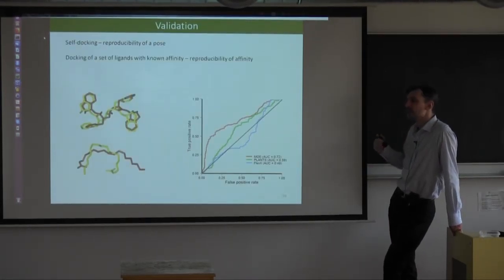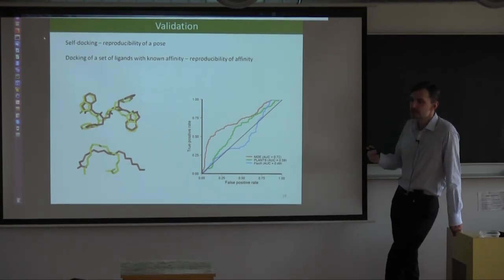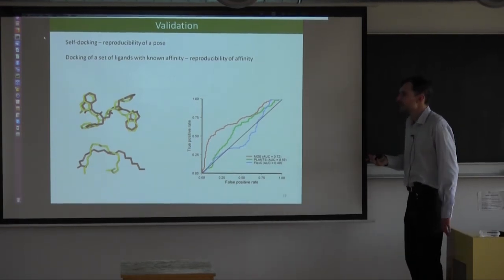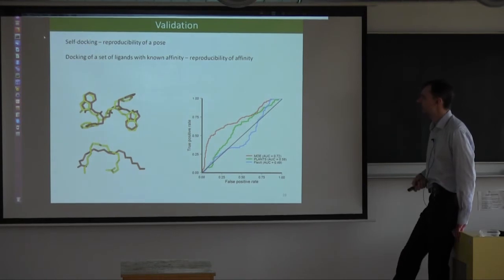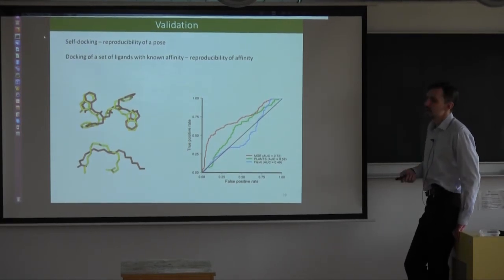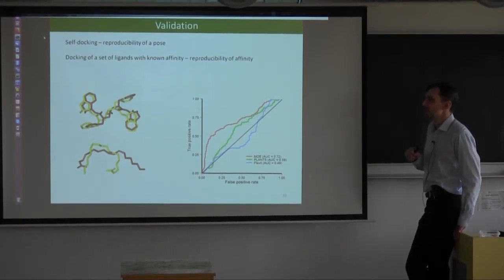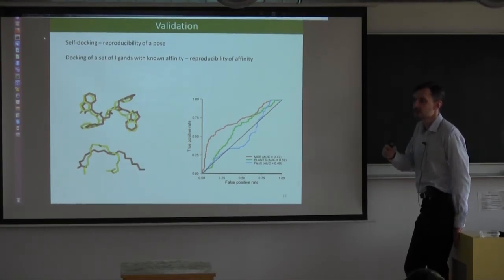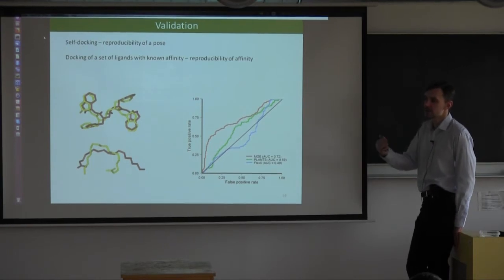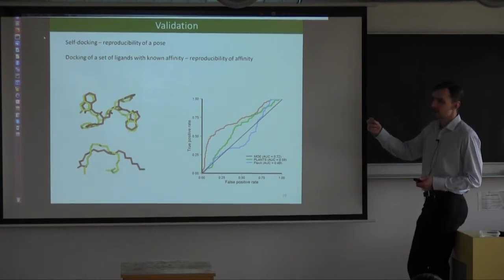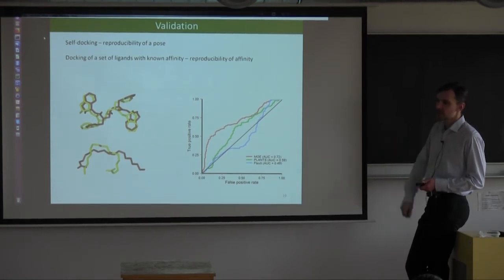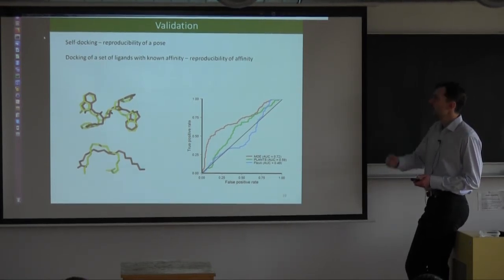So how can we validate docking? Because all models which we use for virtual screening should be validated, because otherwise you cannot be sure that these models are reasonable. And docking can be validated in two ways. The first one, you can try to reproduce the crystal structure of your ligand. So if you take a complex, you take out your ligand from the cavity, change its conformation, put it back and run docking.